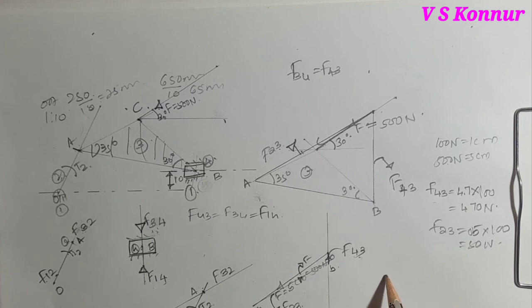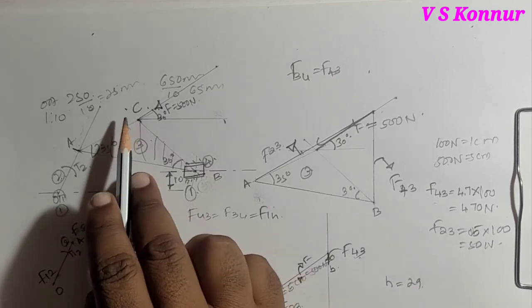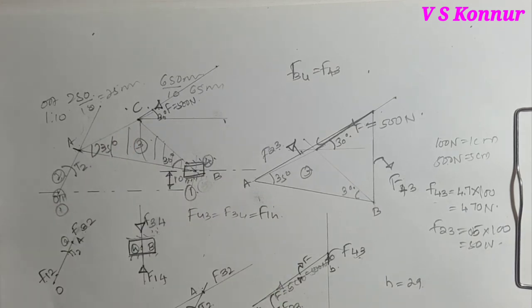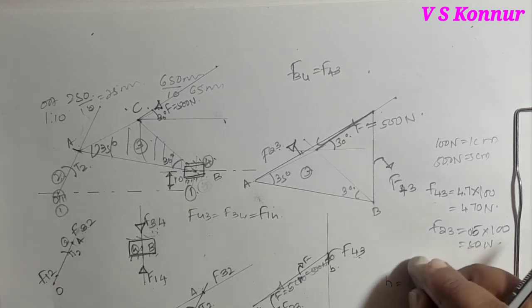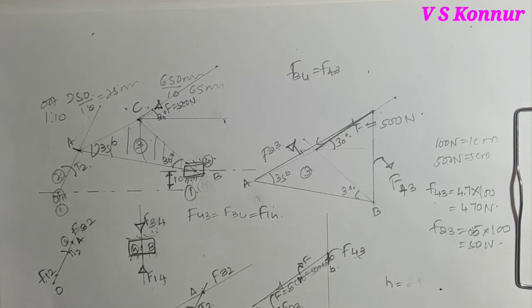So you can measure the height. The height is equal to 29 on the scale, so it is around 14.5. So 14.5 millimeter multiplied by 10, so 145 millimeter you will get height. And then torque T2 is calculated.